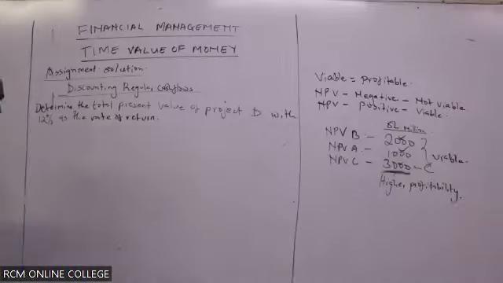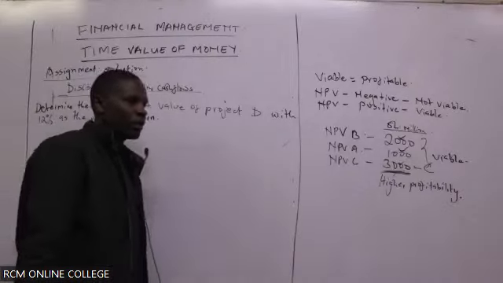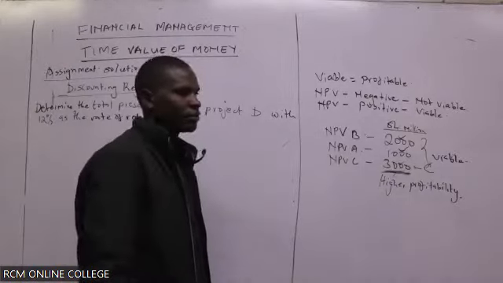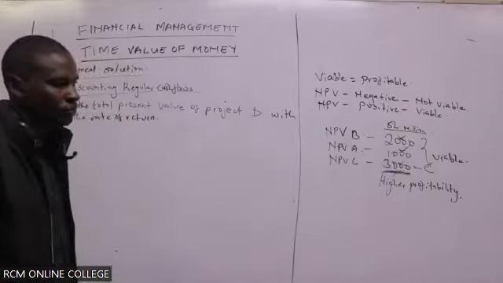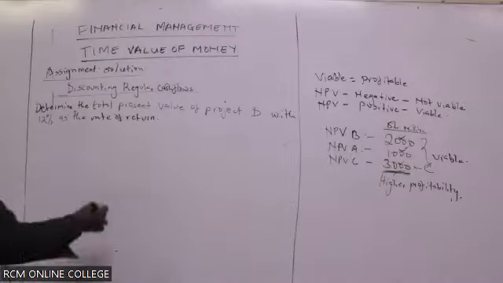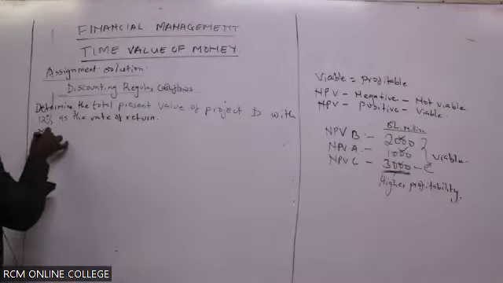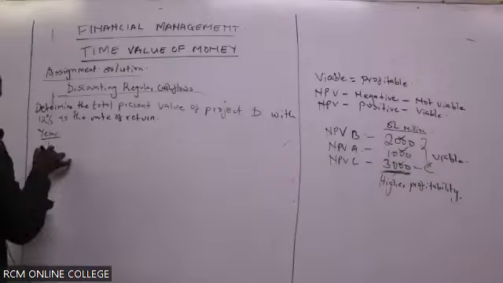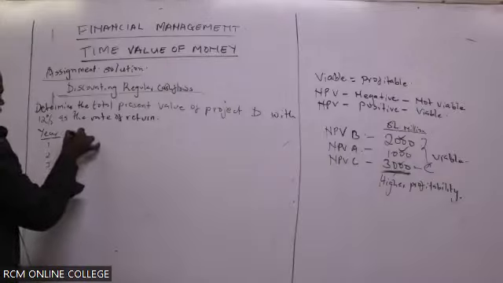The cash flow is equal: we have here 1, 2, 3 years of cash flow.